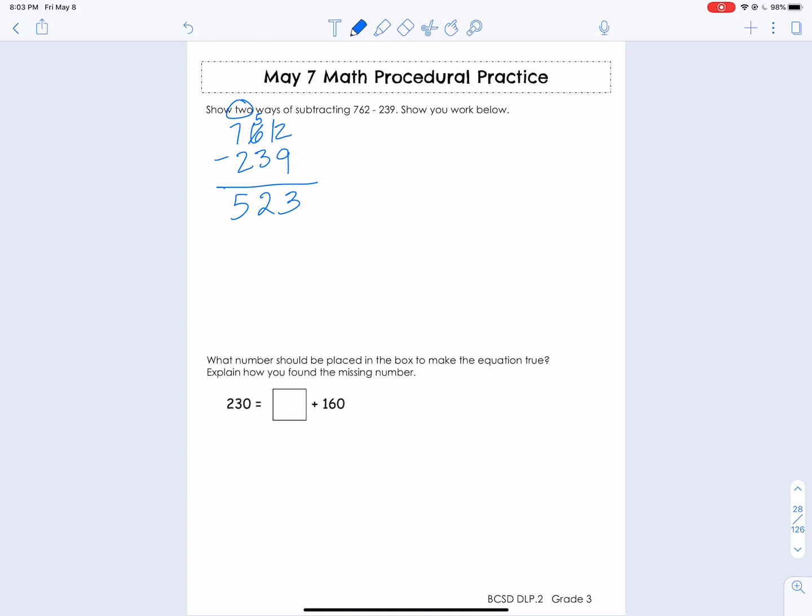Another way that I don't think I've ever highlighted on here is using expanded form for subtraction. Let me show you how that would work. First, I would write my numbers out in expanded form. And I do have another video in the second packet that highlights with a little bit more explanation how to do expanded form. And actually, I should not have put a plus sign there.